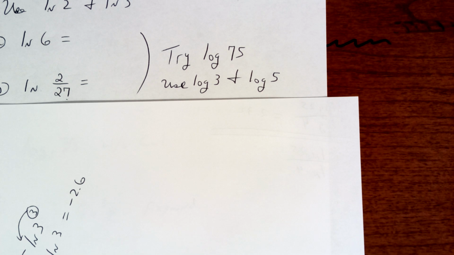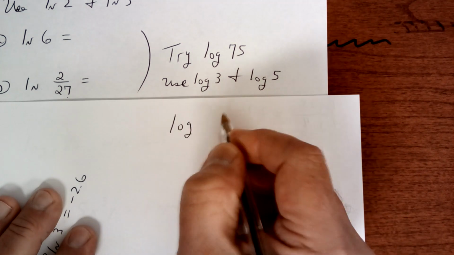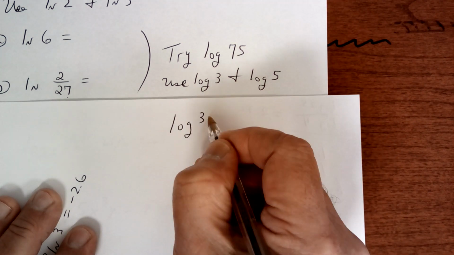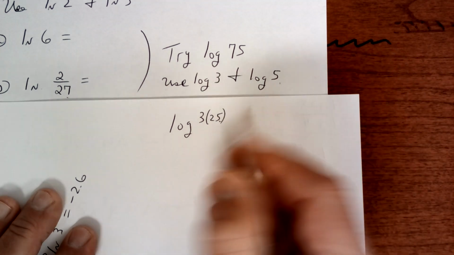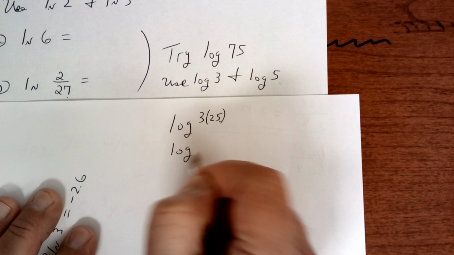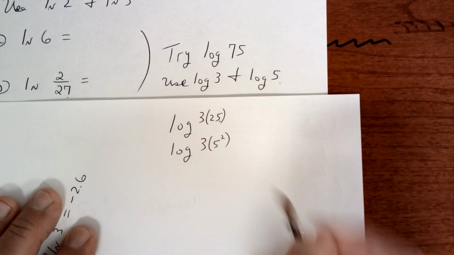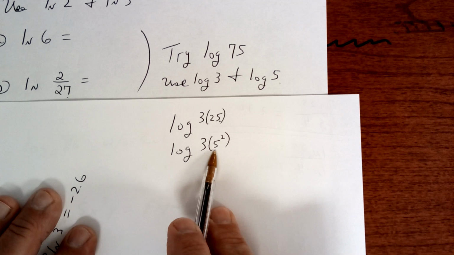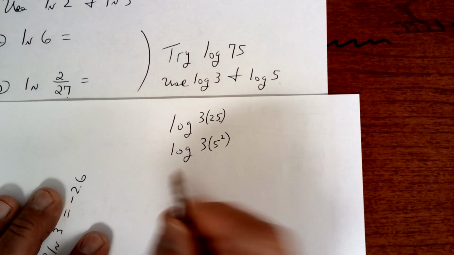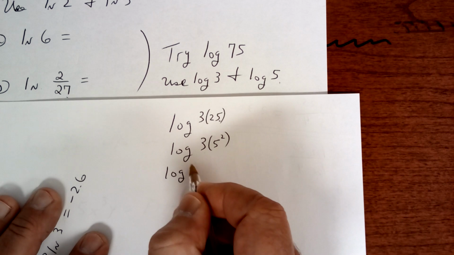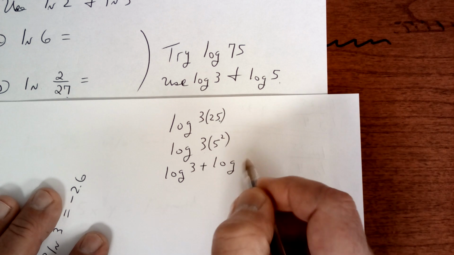Okay, well, the way I would do it is I would say the log of 3 times 25. And I know that 25 is 5 squared. So I would say the log of 3 times 5 squared, like that. And when you multiply, you add up your logs according to that box. So you're going to say the log of 3 plus the log of 5 squared.